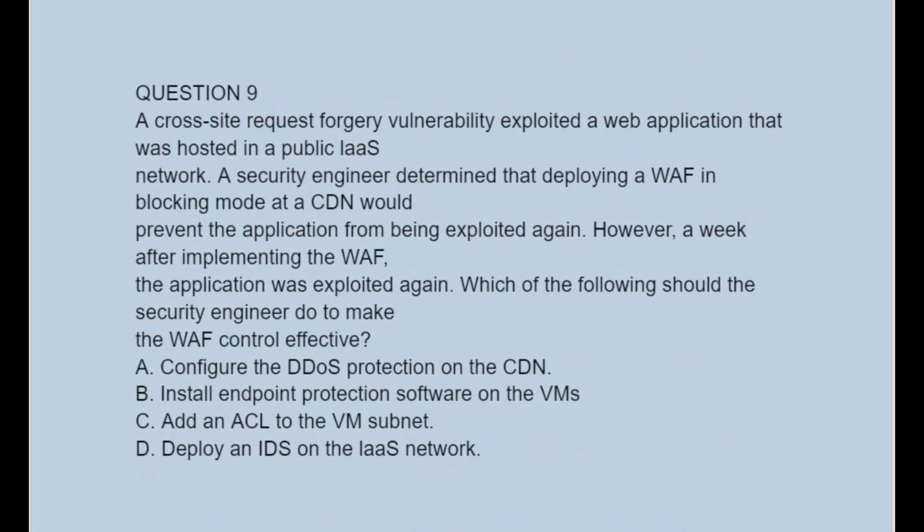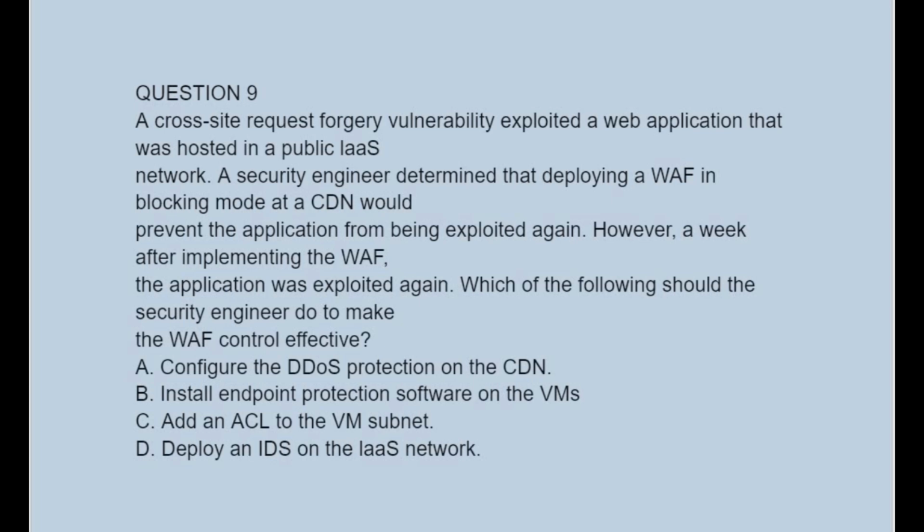Question is, a cross-site request forgery vulnerability exploited a web application that was hosted in a public IaaS network. A security engineer determined that deploying a WAF in blocking mode at a CDN would prevent the application from being exploited again. However, a week after implementing the WAF, the application was exploited again.